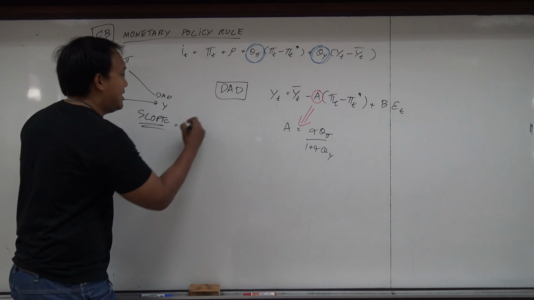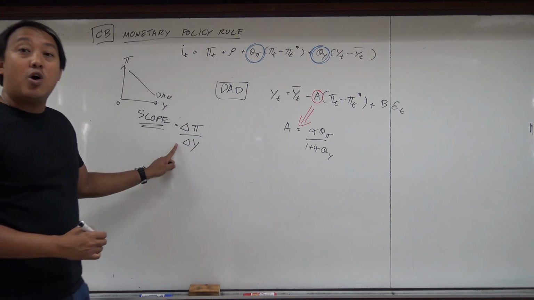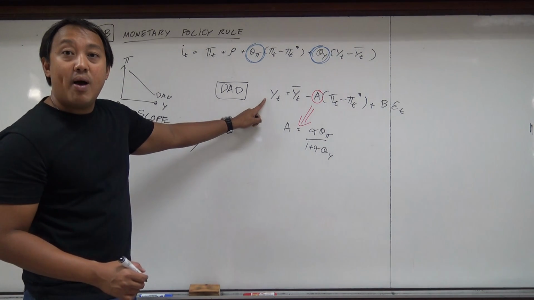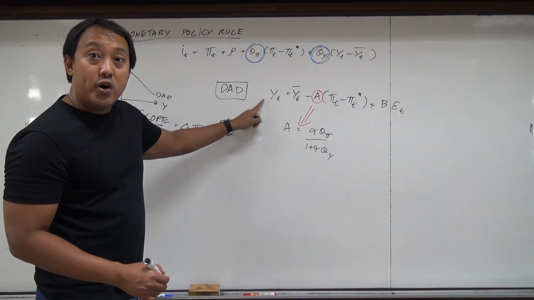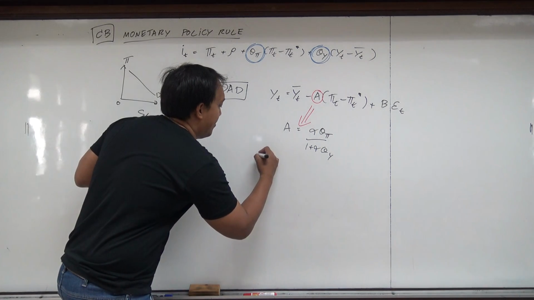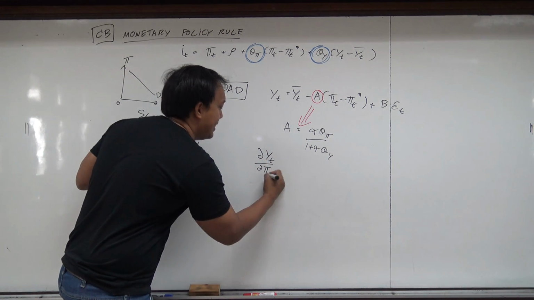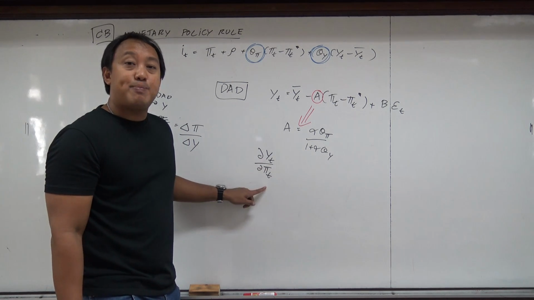So the slope is delta pi over delta y. However, as you can see, you have y_t on the left side of the equation. So what I'm going to do is take a derivative, the partial derivative of y_t with respect to pi_t.